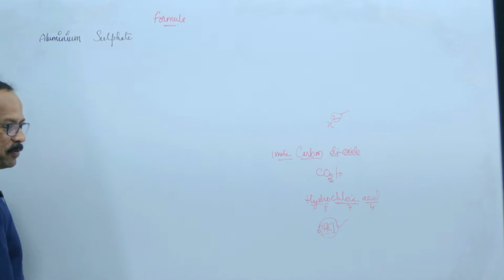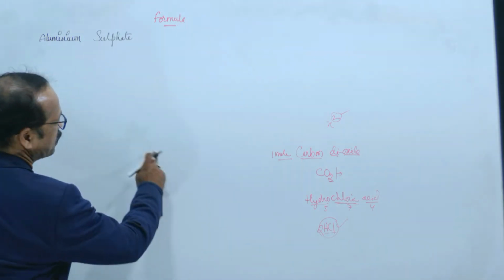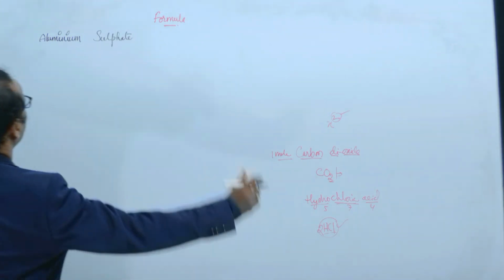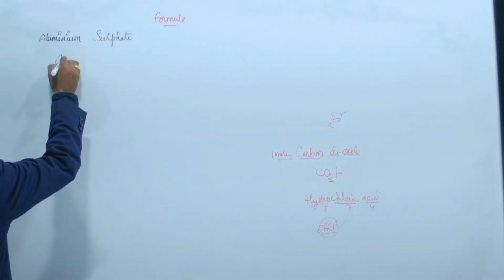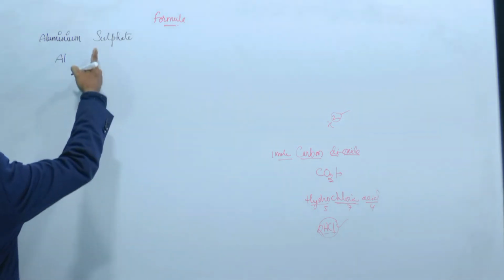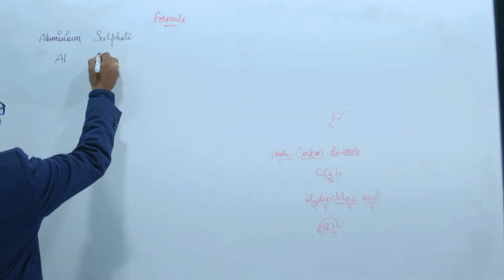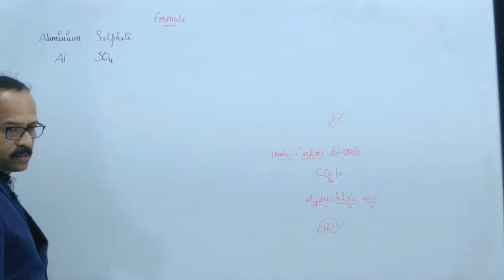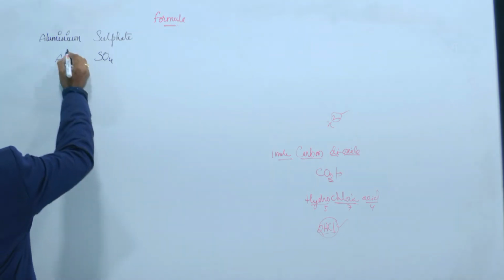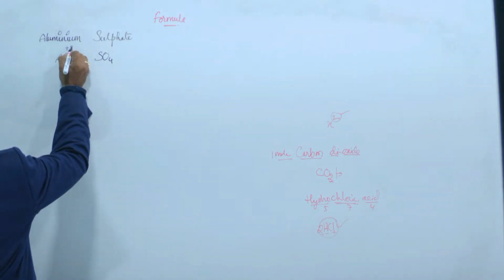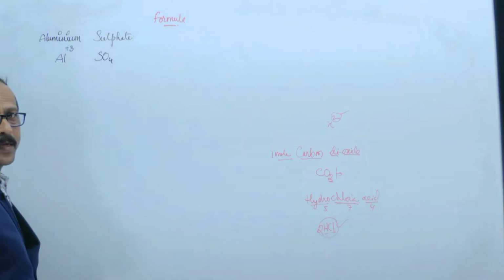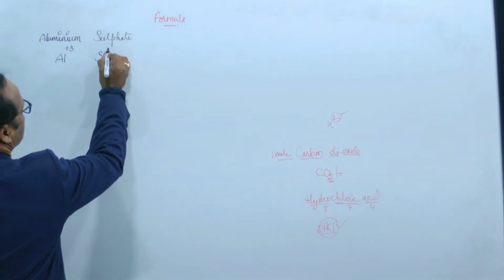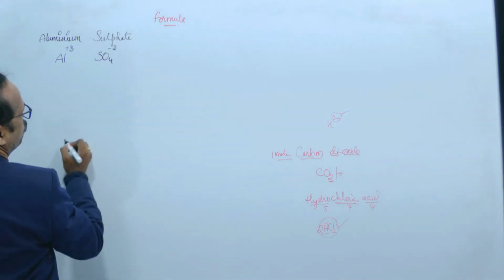So aluminium. What's the symbol of aluminium? Al. Then sulfate, refer to the 5th synopsis. Sulfate is SO4. Then we write the valencies: aluminum plus 3, sulfate minus 2.